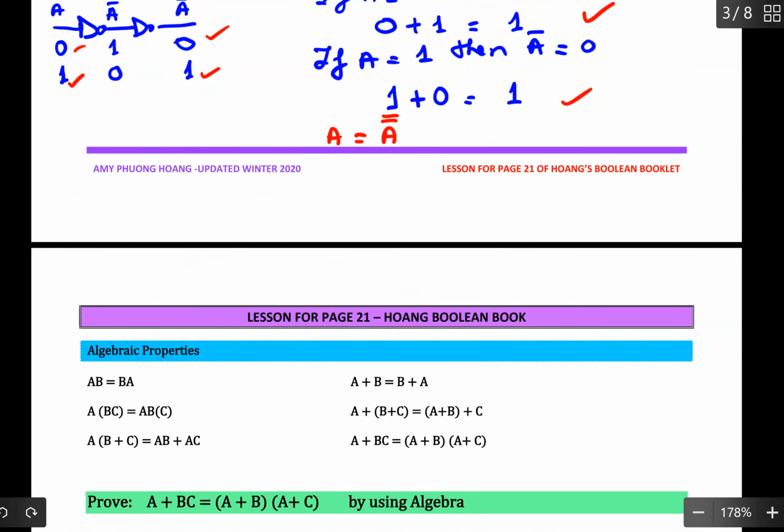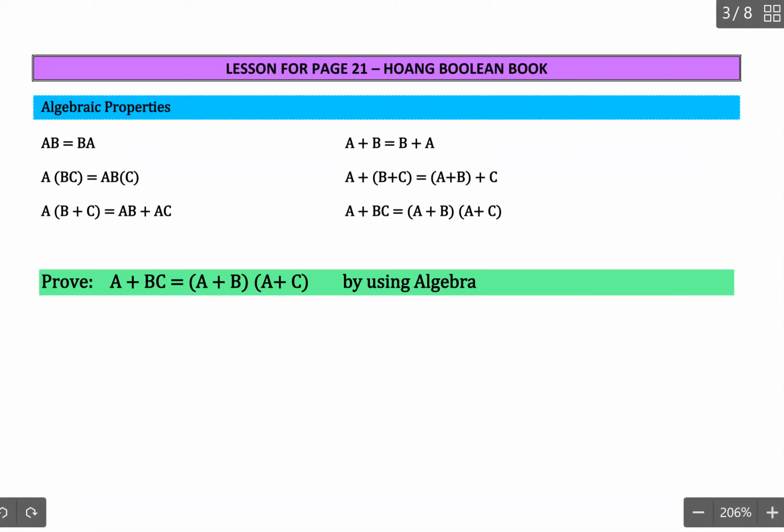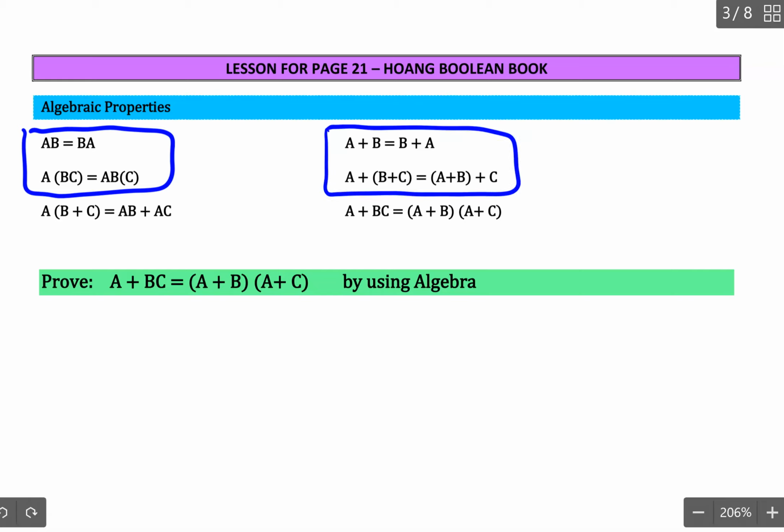Let's move on to work with some algebraic properties. I'm going to circle the first two on this side and the first two on this side. So again, this is an AND gate. This is the OR gate.